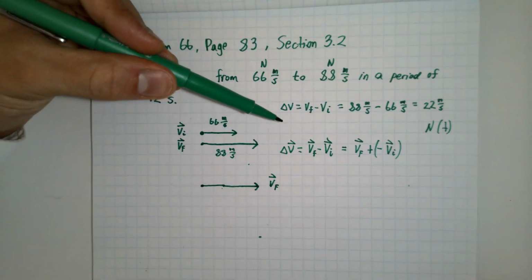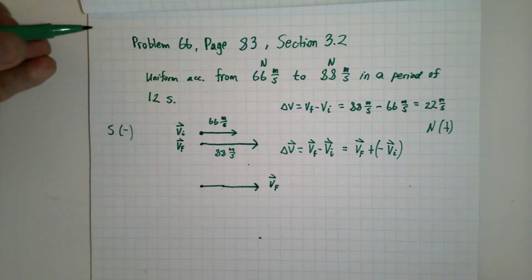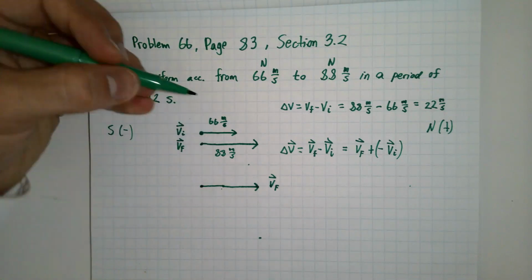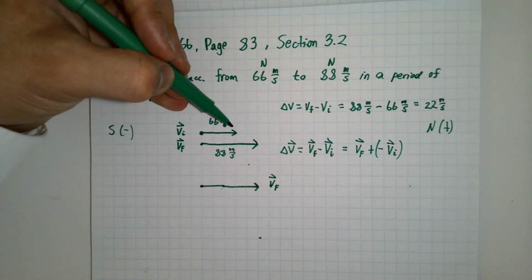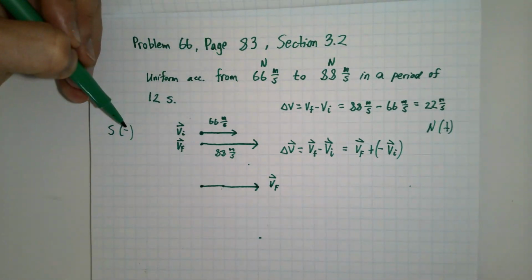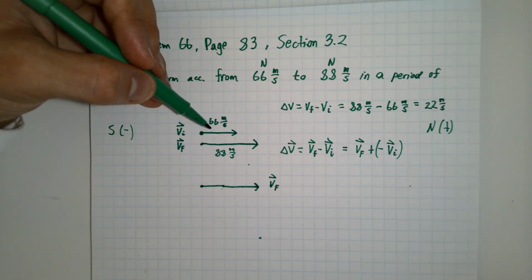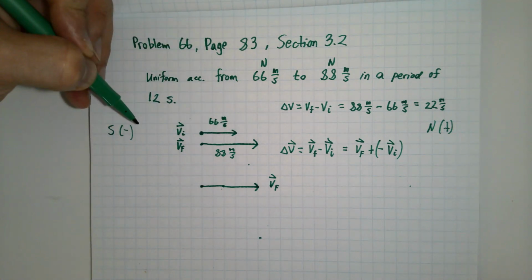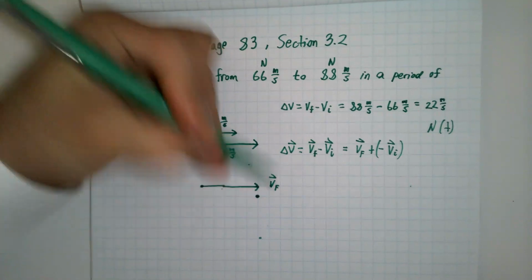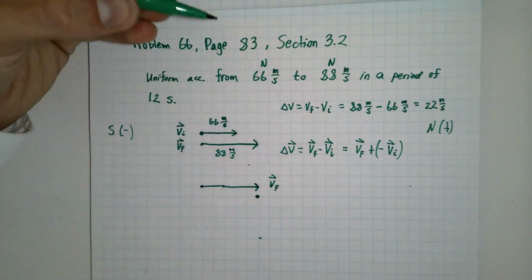Originally it's headed towards the north, now I have to move it towards the south, or the negative direction. So this initial velocity vector is now placed with the opposite orientation, pointing to the left, or to the south, or to the negative, all the same. I need to place the tail of this velocity vector, which is now pointing south, at the head, or the tip, of my final velocity vector.